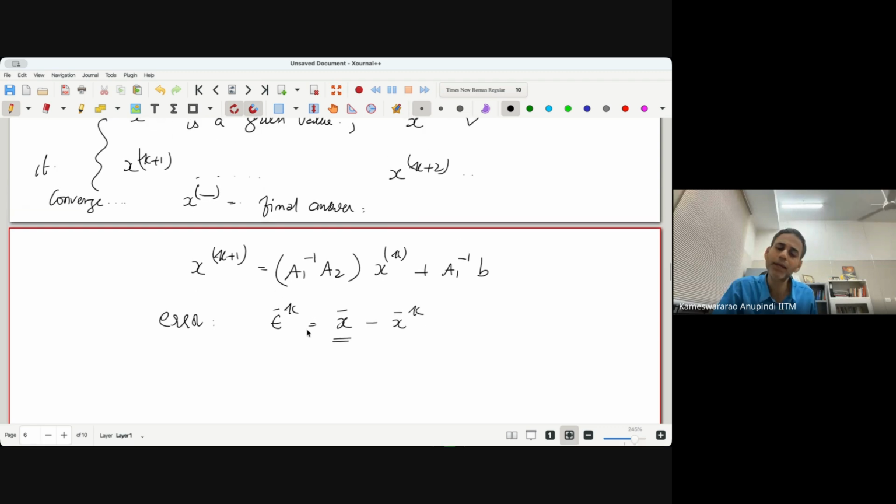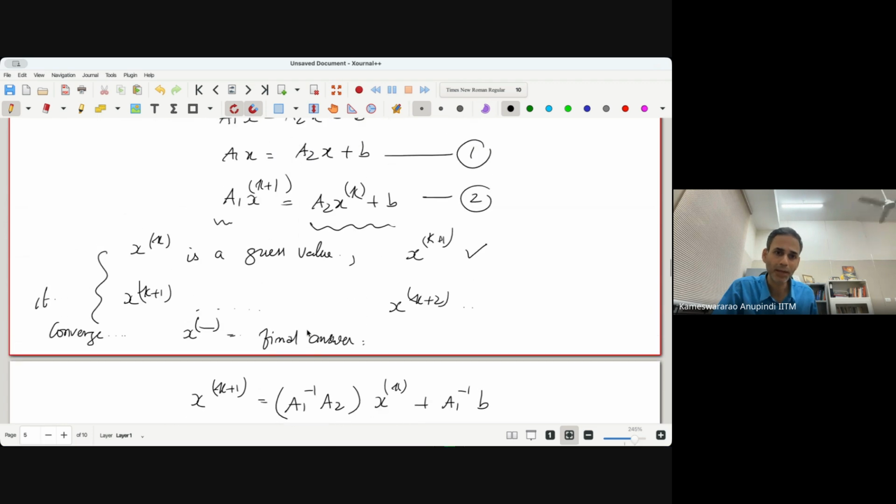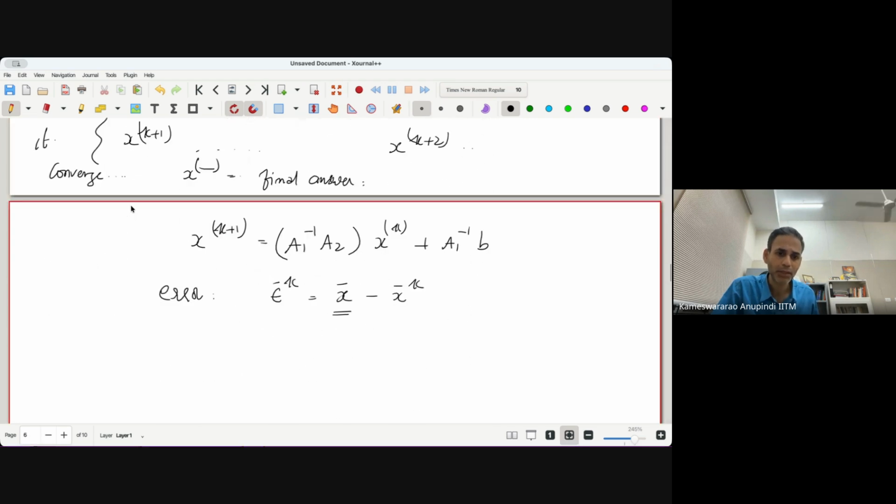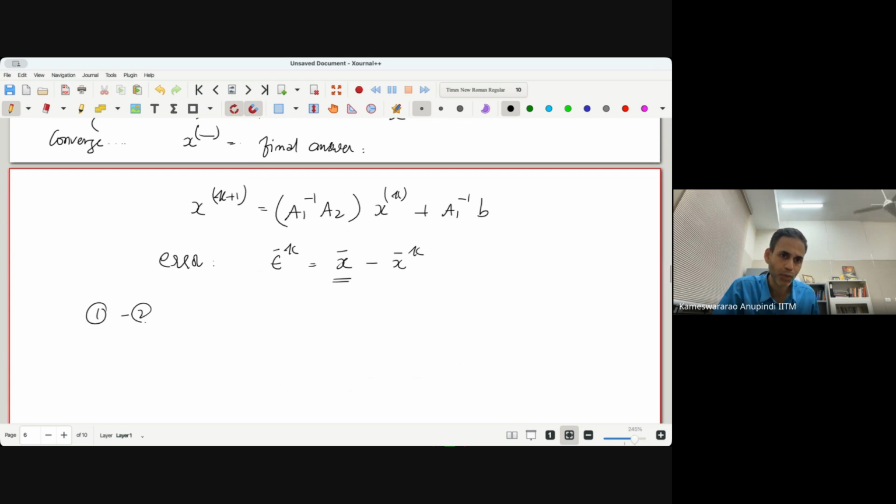Then writing 1 minus 2, I get A1 times x bar minus x bar k plus 1 equals A2 times x bar minus x bar k plus b minus b, which is 0. So what I obtained by subtracting 1 minus 2 is A1 times x bar minus x bar k plus 1 equals A2 times x bar minus x bar k.